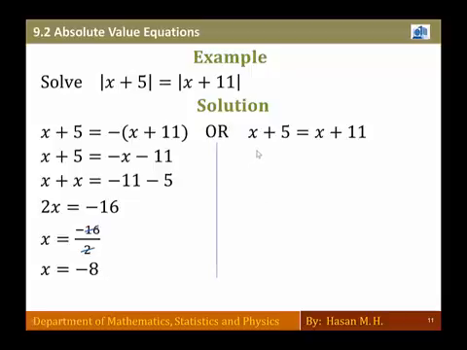Now solve the other equation. x plus 5 equals x plus 11. Move 5 to the other side of the equal sign and move x to the other side of the equal sign. We will have x minus x equals 11 minus 5. x minus x is 0. 11 minus 5 is 6.